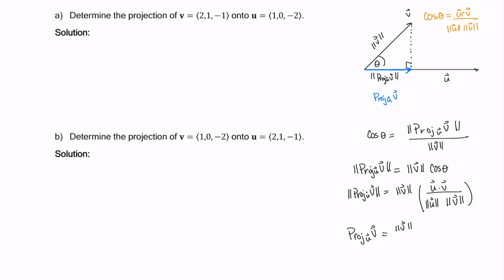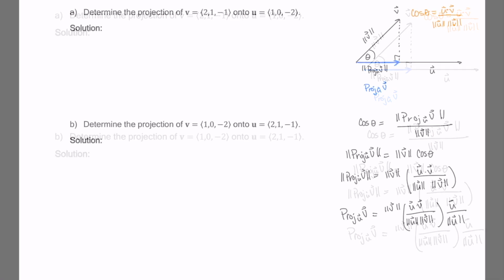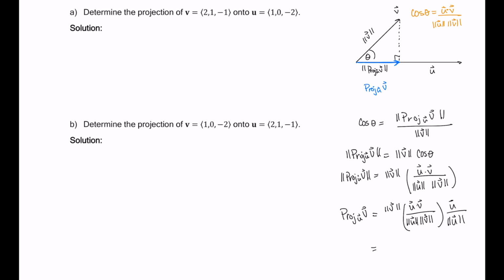Times u dot v divided by the magnitude of u times the magnitude of v times u over the magnitude of u. All right, so what do we end up with? You have u dot v over the magnitude of u, and then you want to multiply that to this unit vector.